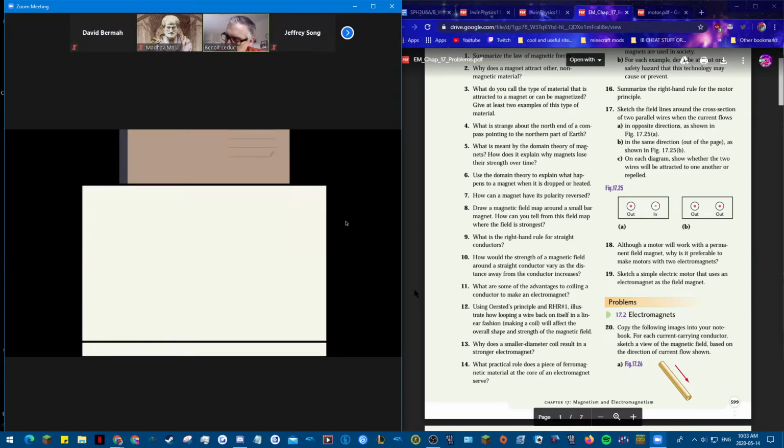The closer field lines are to each other, the stronger the field is at this location.